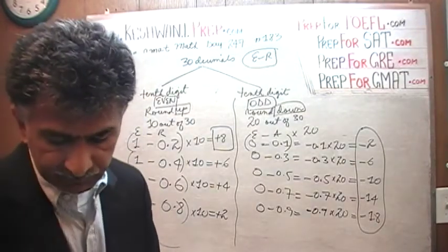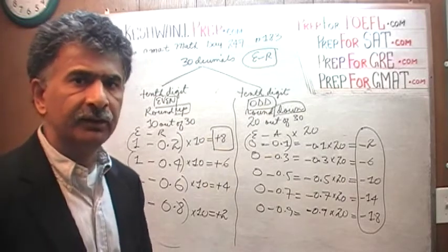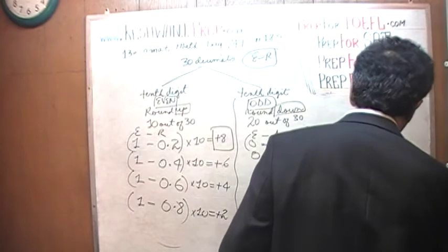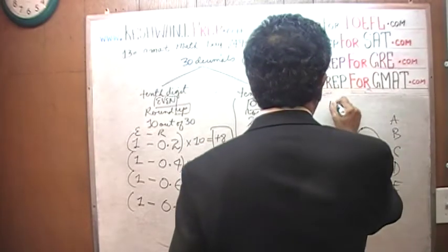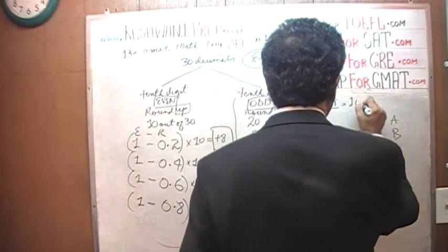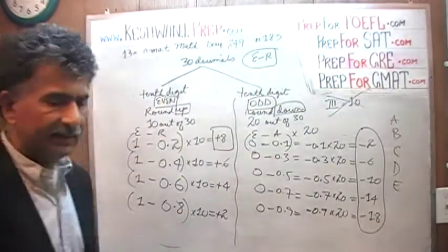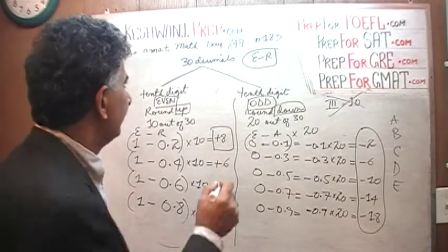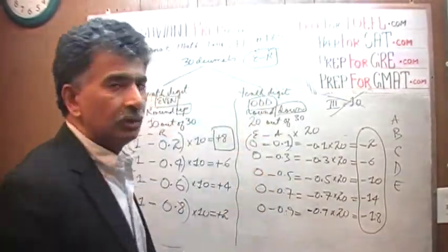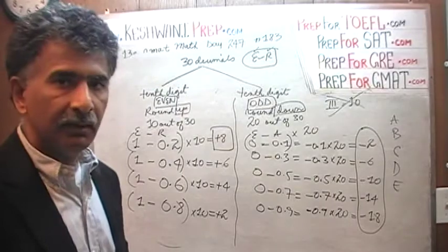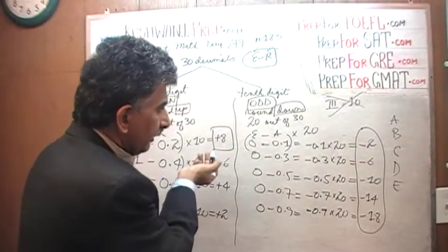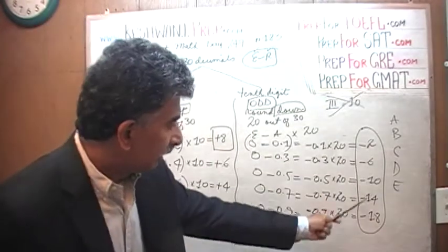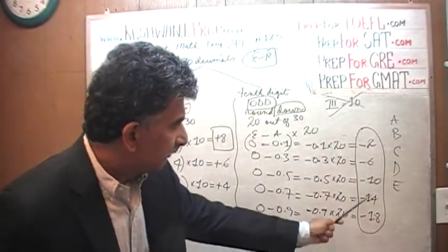Roman numeral 3 says 10. That cannot be possible. It's impossible for the sum of these 30 differences between the estimated value and the real value to add up to 10, because the highest they can be is 8.